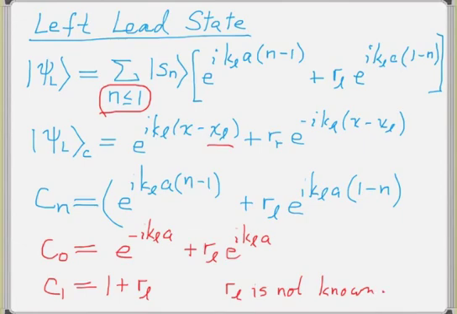So far I've got 3 unknowns and 2 equations: C0, C1, and R sub L. KL is known, since you just choose a K to inject from.